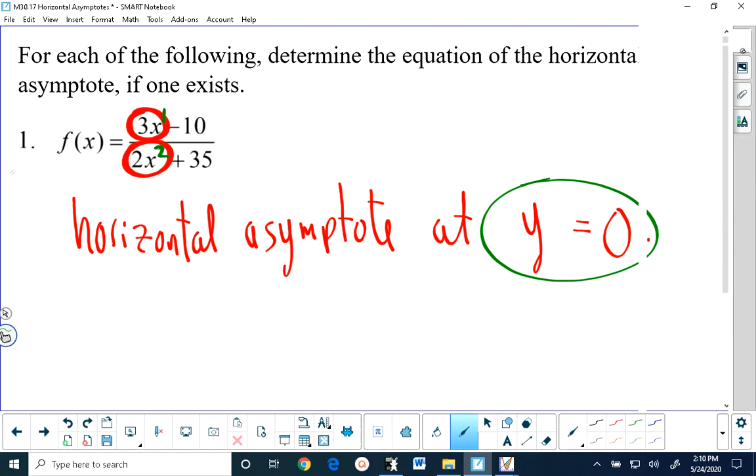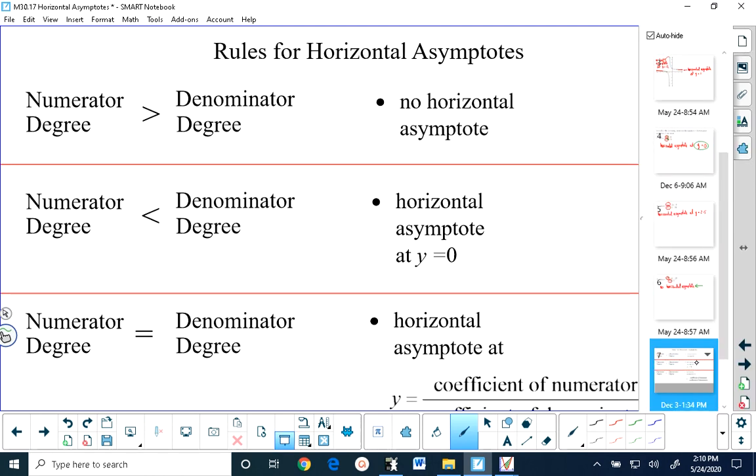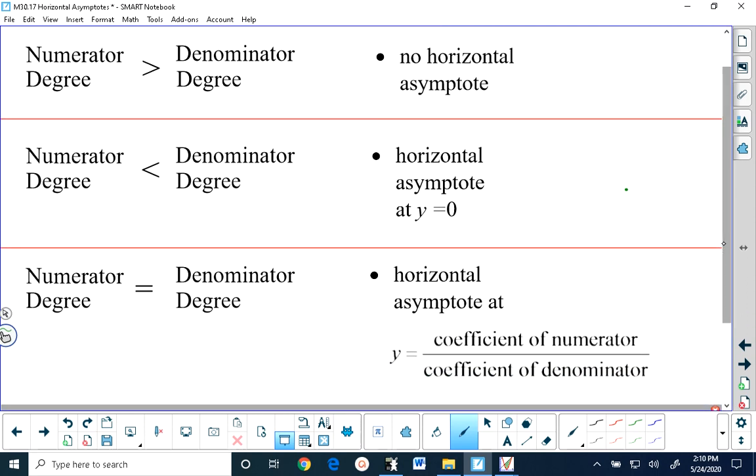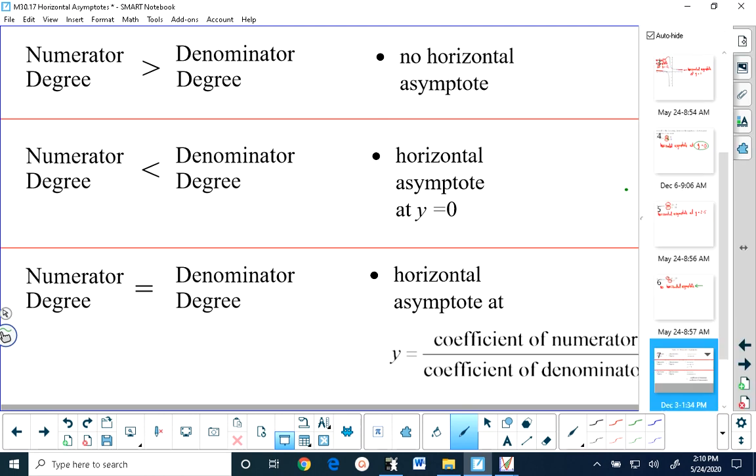The third part of this rule is for what happens when the degree in the numerator and the denominator are the same. If they are the same, then the equation of the horizontal asymptote will be y equals the ratio of the coefficients. That was example 2.